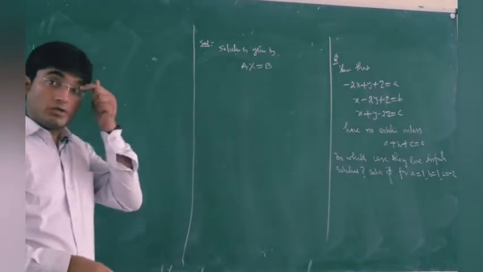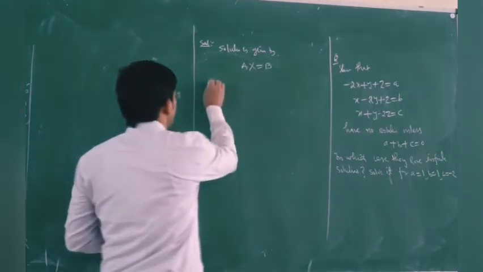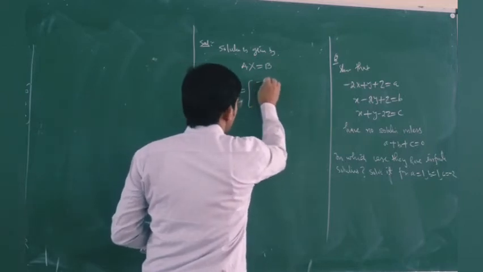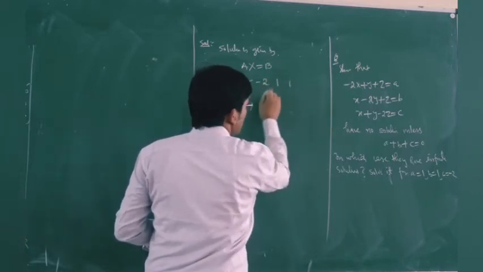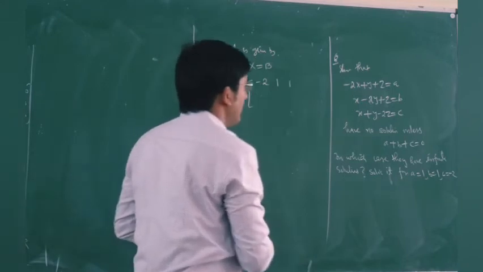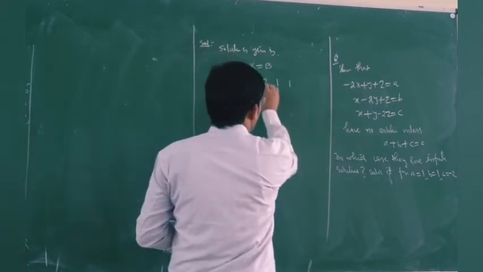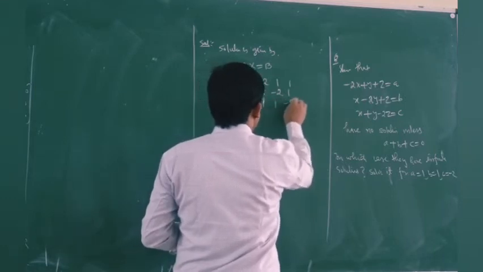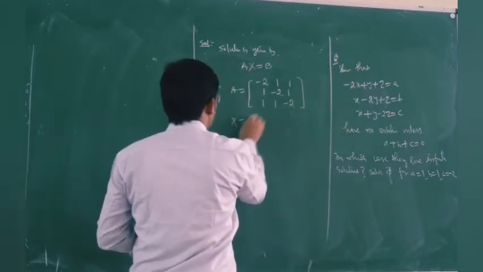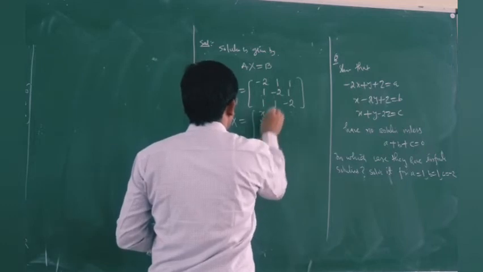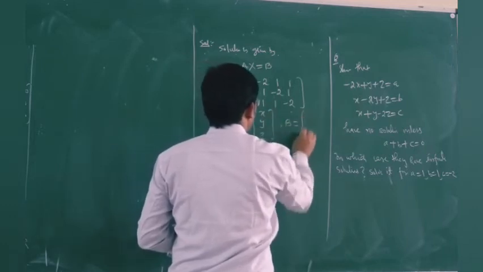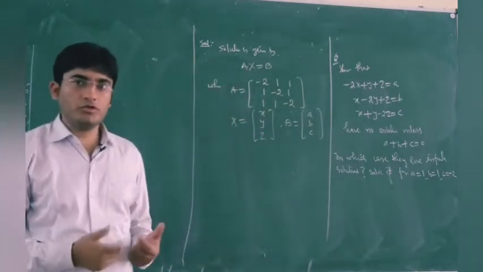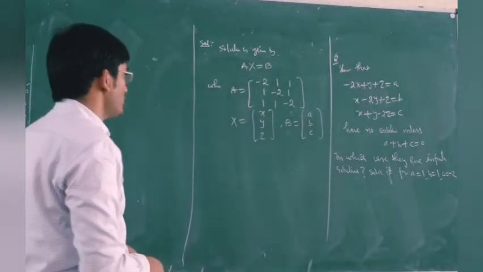This will be our solution, where our A is equal to minus 2, 1, 1, and then we have 1, minus 2, 1, then finally 1, 1, minus 2. Your x will be x, y, z, and your b is the right hand side. So this is a problem of non-homogeneous system of linear equations.